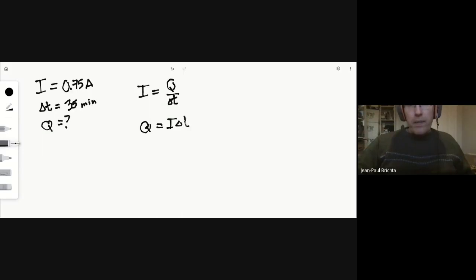Now, this looks like a simple matter of just plugging in the numbers, but keep in mind that my time has to be in seconds. But right now you can see it's in minutes. So as a consequence, I have to take care of that with a unit conversion. Q equals, the current is fine, 0.75 amps, that's all good.